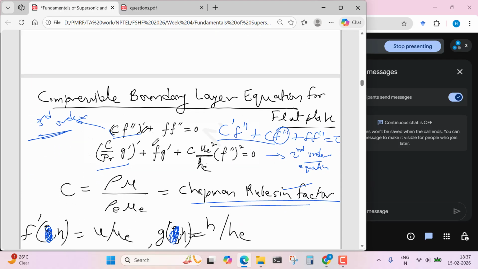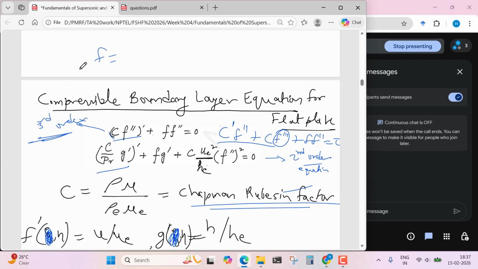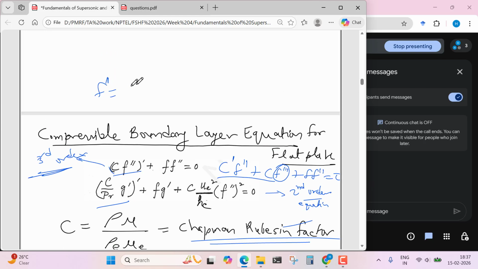Let's say these are the compressible boundary layer equations for the flat plate, given by (C f'')' plus f f'' equal to 0. So here f' is nothing but the ratio u upon u_e.